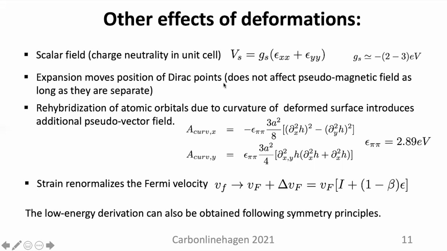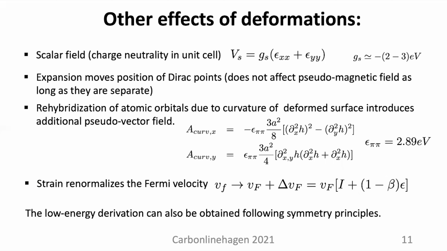Now, what other effects does the deformation produce? Well, when we change the positions of the carbon atoms, we are modifying the positions of the Dirac points. The expansion moves the Dirac points in the lattice, but for small deformation, the motion of these Dirac points is very little.